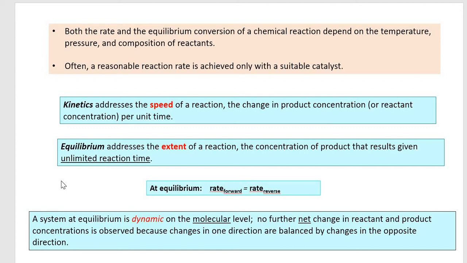And the other one is the extent of reaction, or the maximum possible conversion. The maximum possible conversion is the equilibrium conversion, that comes under the area of chemical reaction equilibrium.